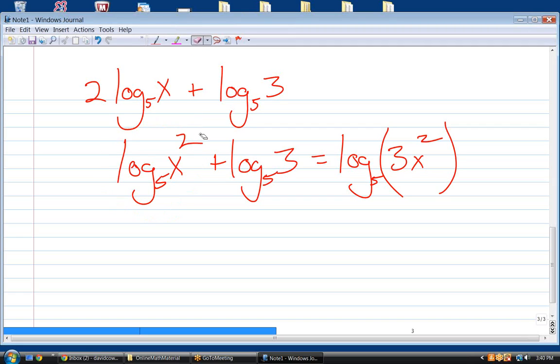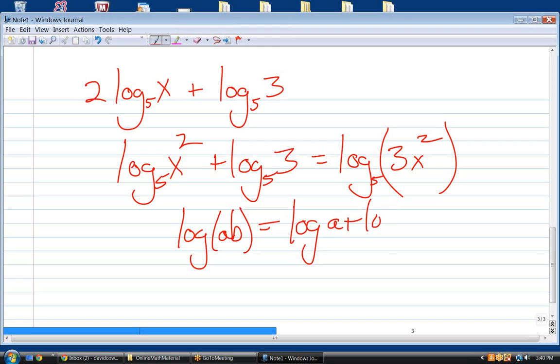And that's really all there is to expanding and condensing, is using the 3 log rules. In other words, these 3 log rules. The log of a times b equals the log of a plus the log of b. The log of a divided by b equals the log of a minus the log of b.